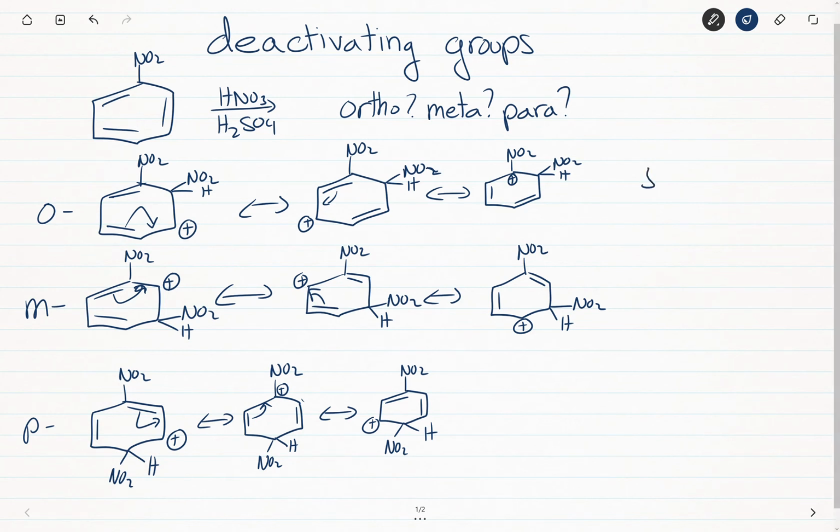So three resonance structures for ortho, three for meta, three for para.